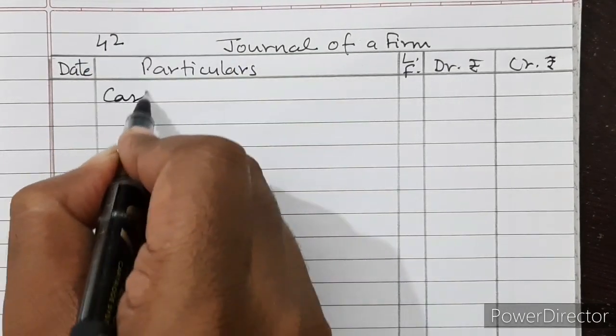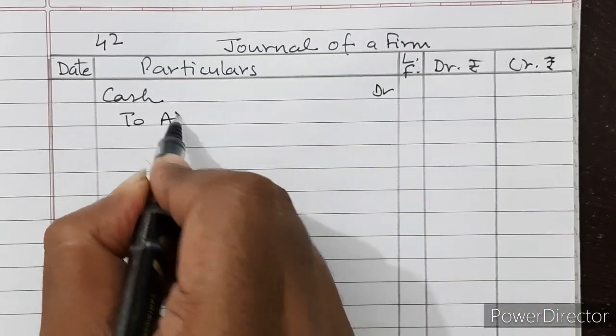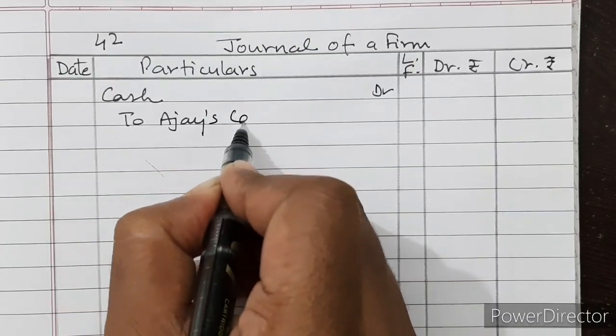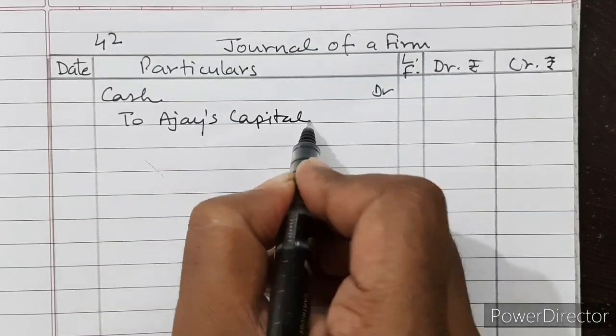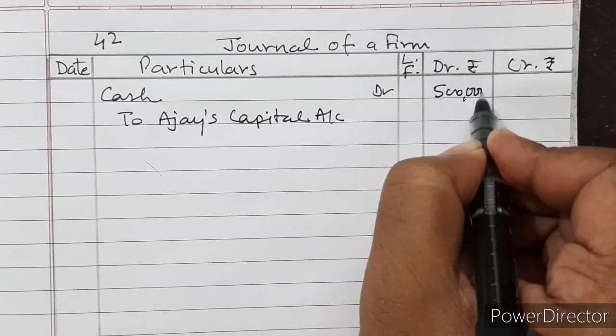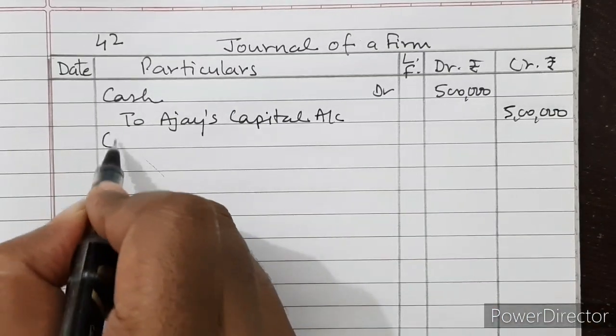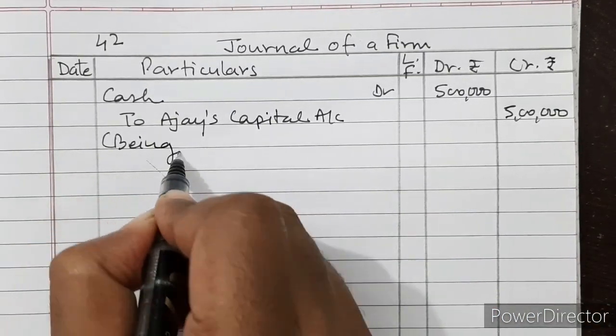It is cash account debited to Ajay's capital account, 5 lakh. 5 lakh capital is brought by Ajay, but no goodwill, being capital brought by new partner Ajay.